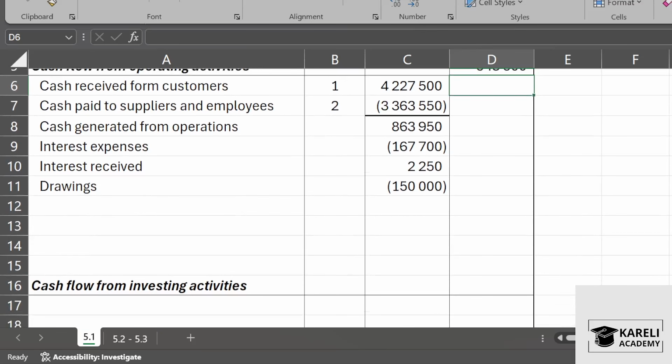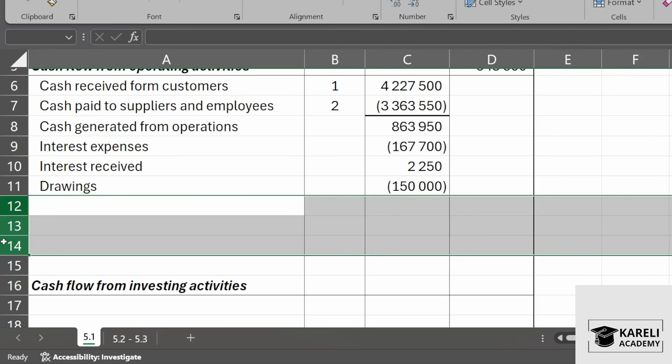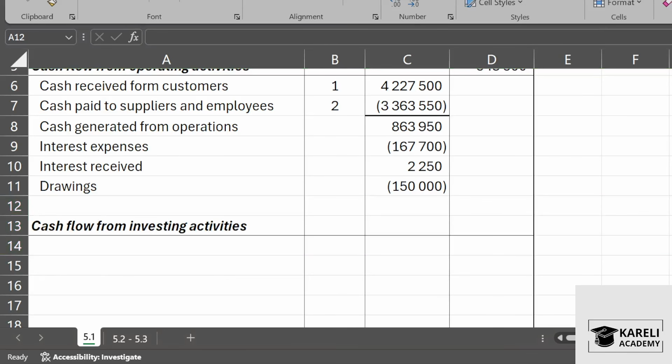Now we are done. We go to the second part, that is cash flow from investing activities. What are they?